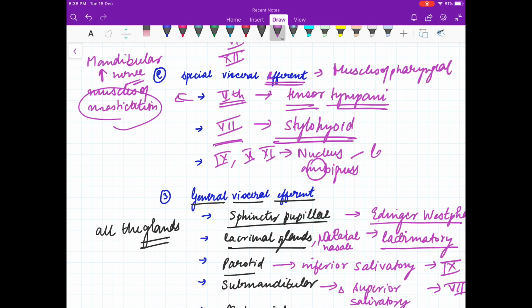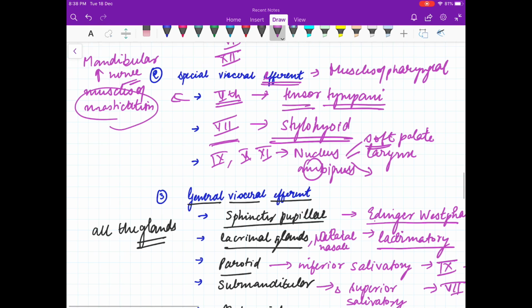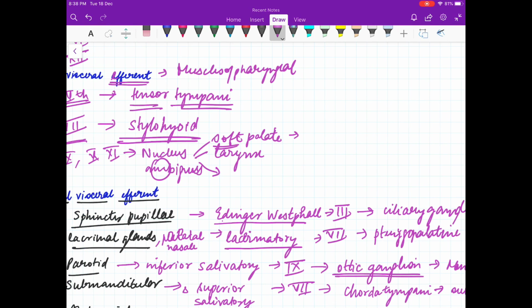Muscles of larynx through internal laryngeal nerve and external laryngeal nerve. Muscles of the pharynx and soft palate. All muscles of soft palate are supplied by nucleus ambiguus except tensor veli palatini, which is supplied by fifth nerve.